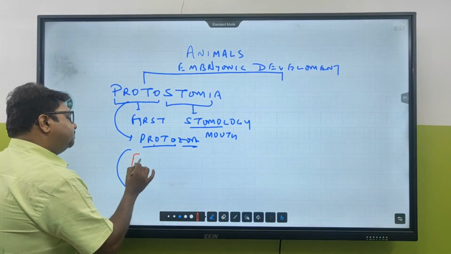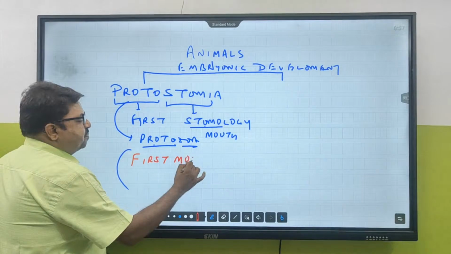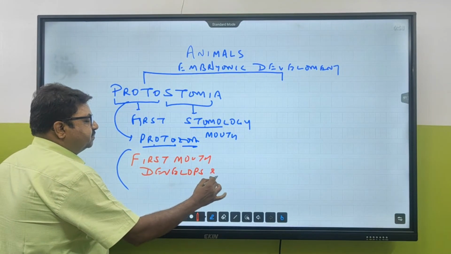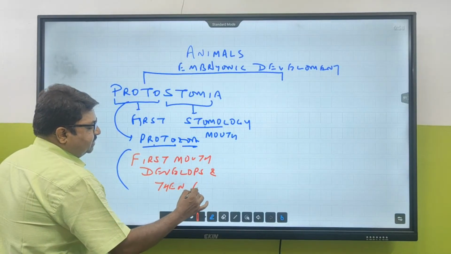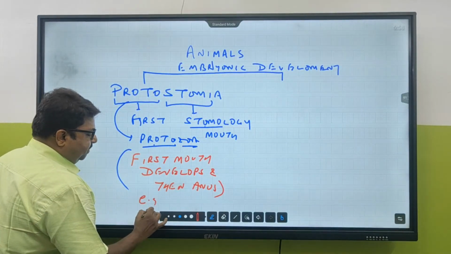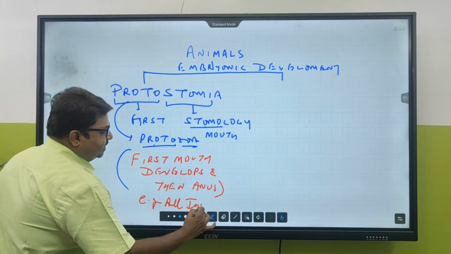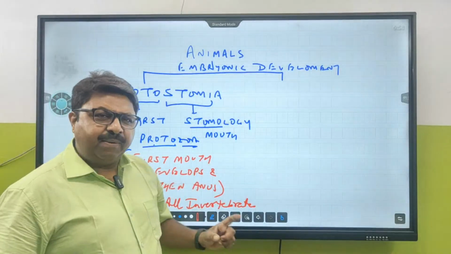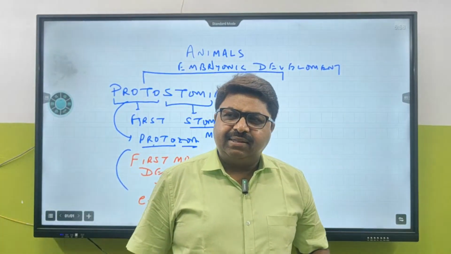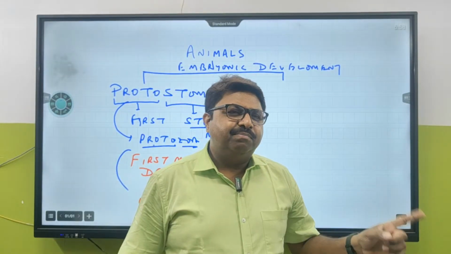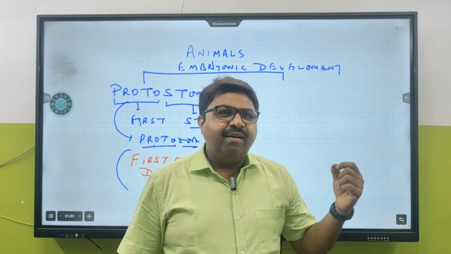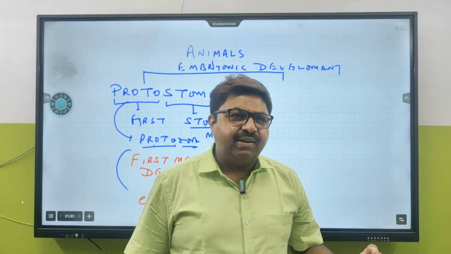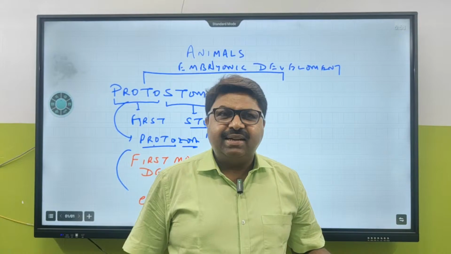Organisms where the mouth develops first and then the anus. Example: all invertebrates, starting from phylum Porifera, then Cnidaria, Ctenophora, Platyhelminthes, Aschelminthes, Annelida, Arthropoda, Mollusca, Echinodermata and Hemichordata.